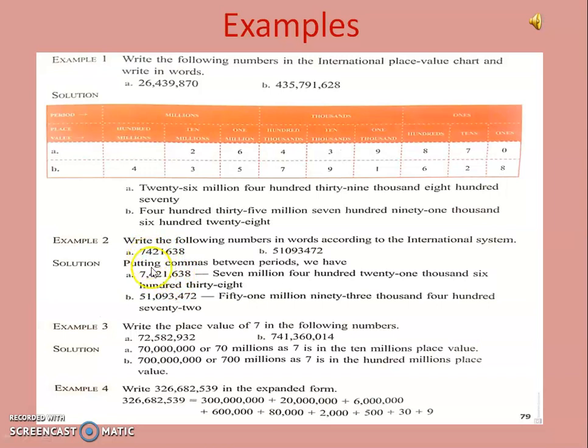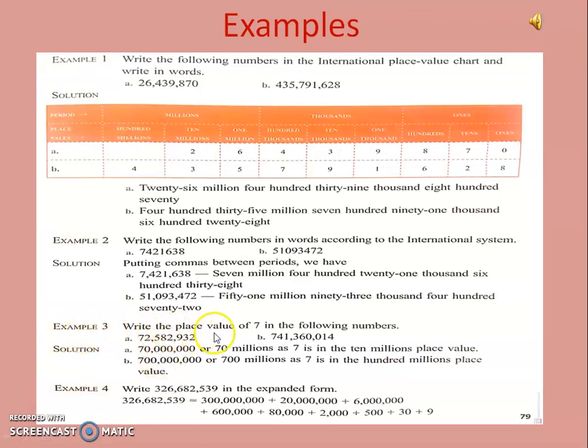So we will put a comma after 4. As we put commas here, now reading of this number is easy for us. So the number is 7,421,638. Let's move to example number 3.